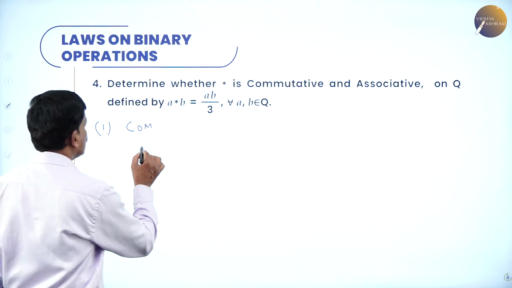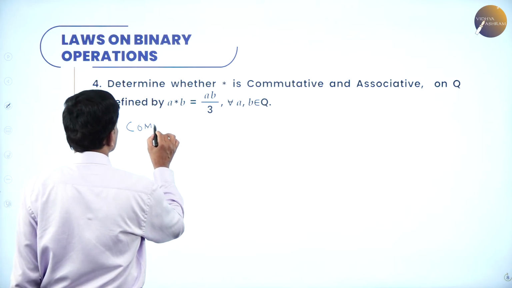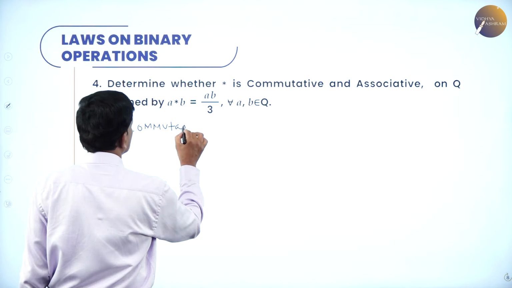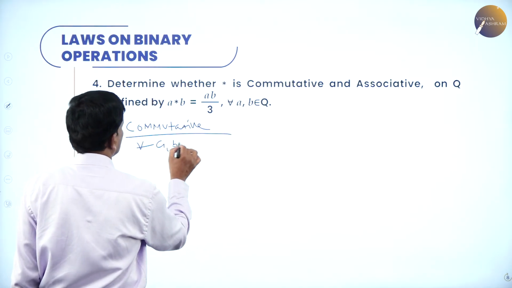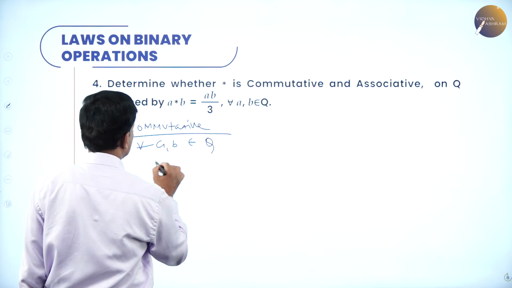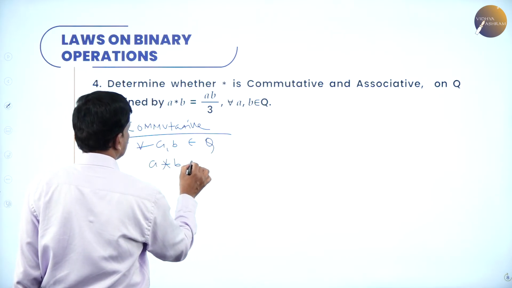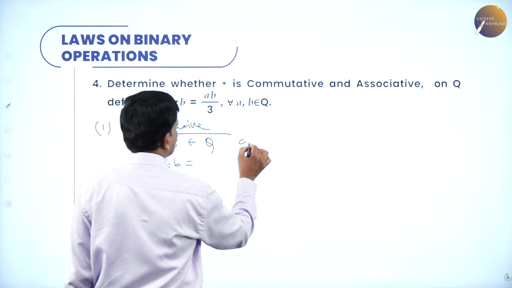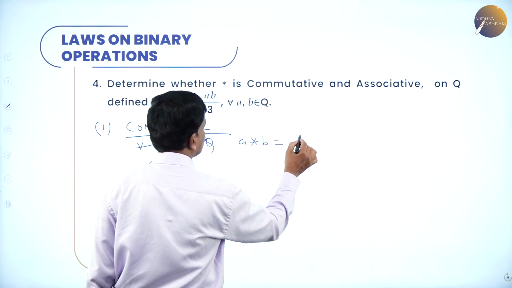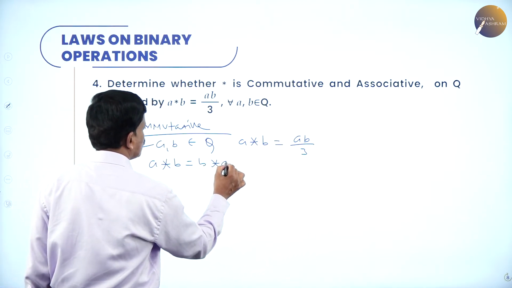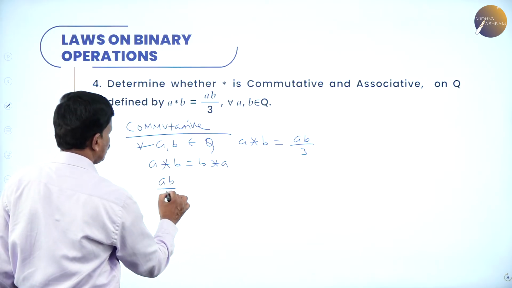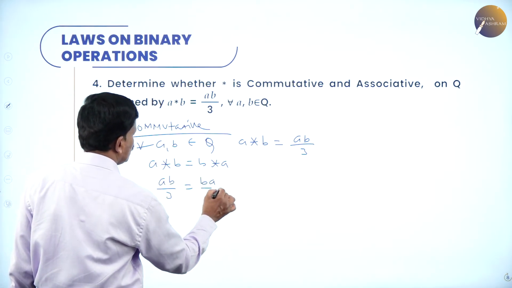Now let us come to the commutative property. What is the commutative property? For all A, B belongs to Q. What is given here? For all A, B, A star B is equal to AB by 3. A star B is equal to B star A. A star B is AB by 3, which is equal to BA by 3.